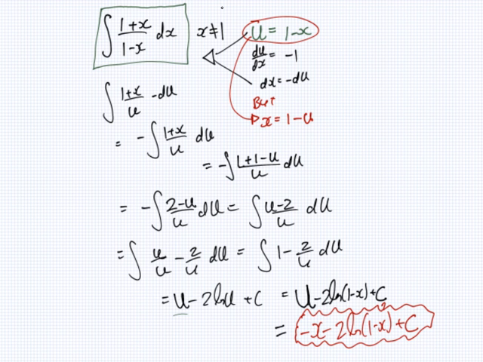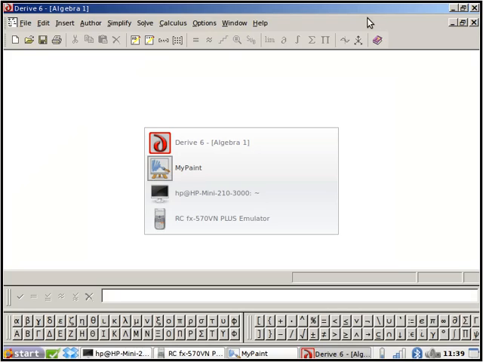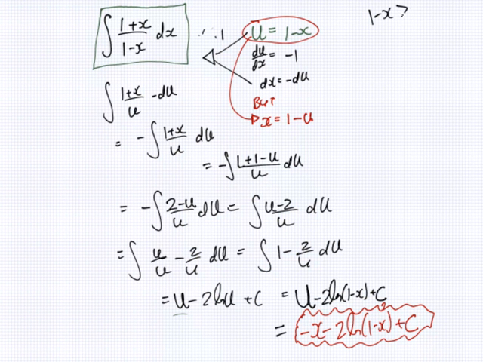So I'll deal with that by simply saying in my question to begin with, 1 minus x should be positive. So I'll just say x is smaller than 1. And it can't equal 1 because we don't want to divide by 0.